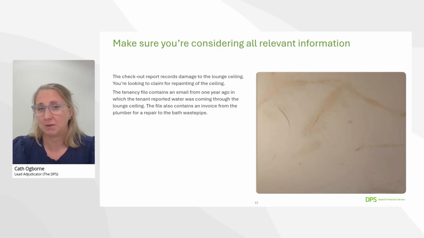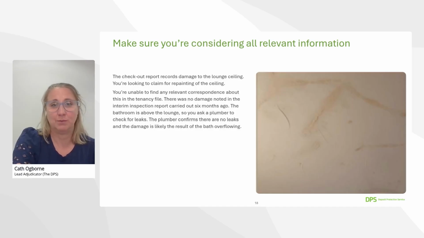A repair to the bath waste pipe is likely to be a landlord obligation. The tenant has clearly reported it. We've got the correspondence there from the tenant to show they reported it. There's nothing really to suggest that they did anything wrong. So whilst we've got damage, it's unlikely that that's going to be the result of a breach by the tenant. So you're not going to be able to make a claim for that one.